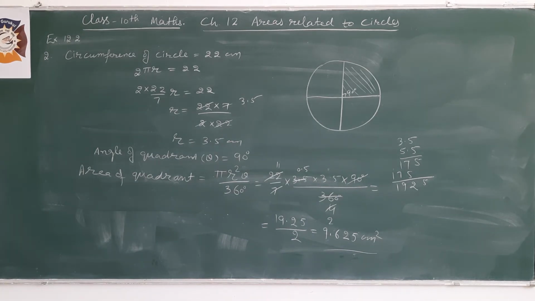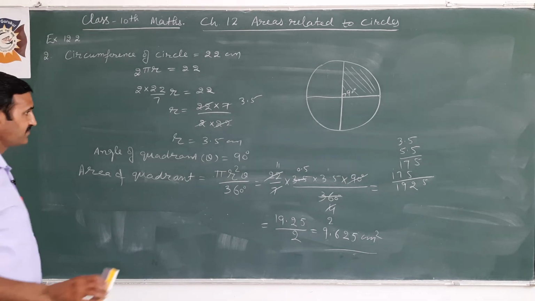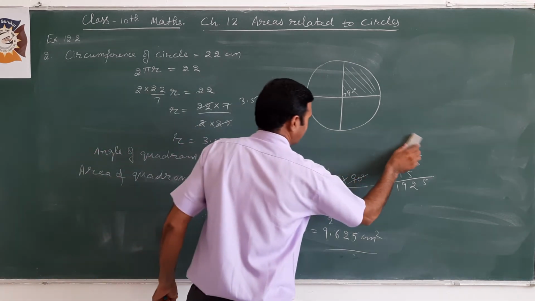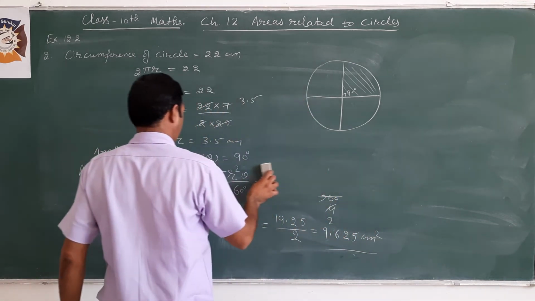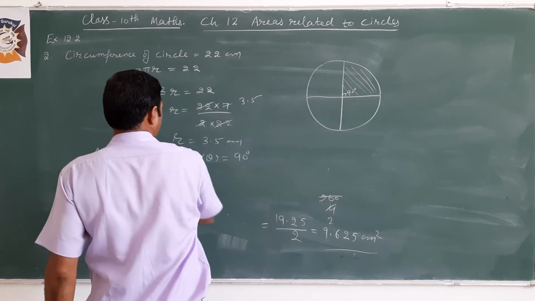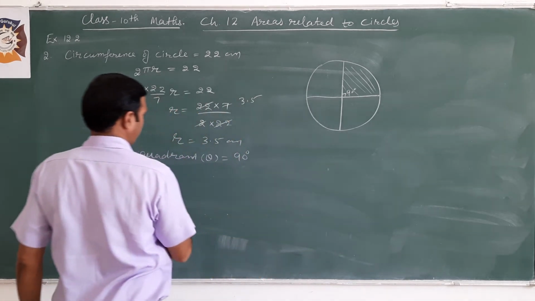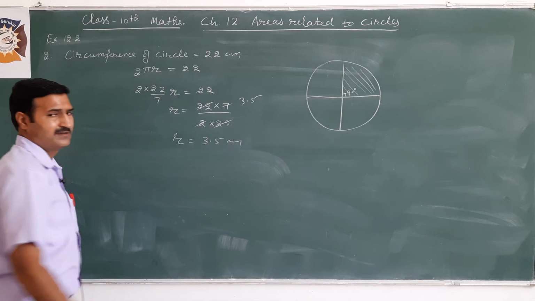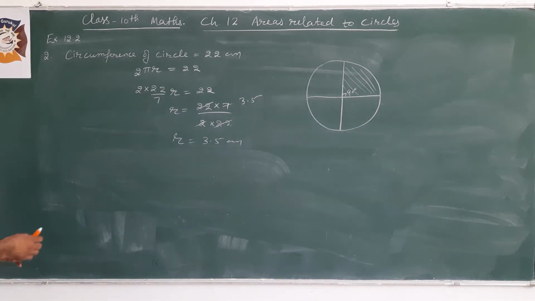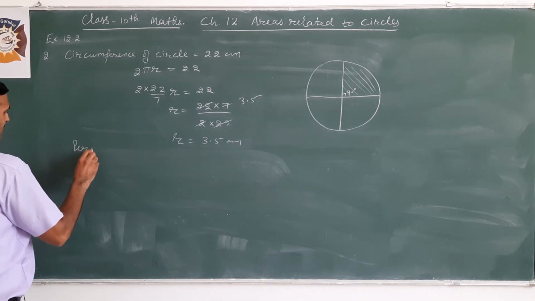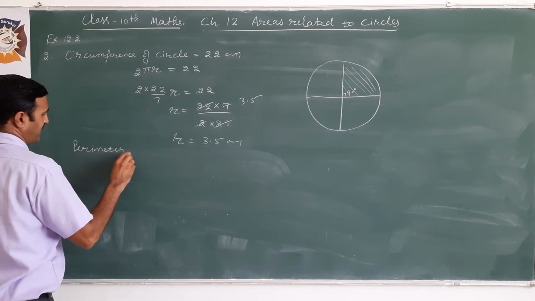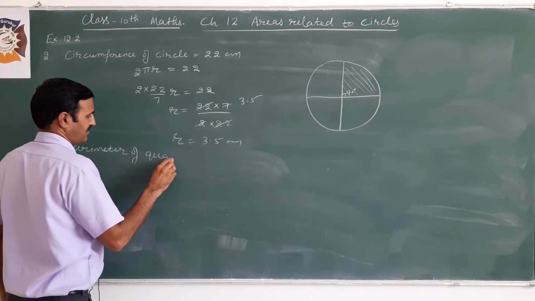One more question I will explain, which is not given in the book, not in this exercise, and not in the complete chapter. If we have to find the perimeter of this quadrant, how can we find it? Perimeter of quadrant of a circle.